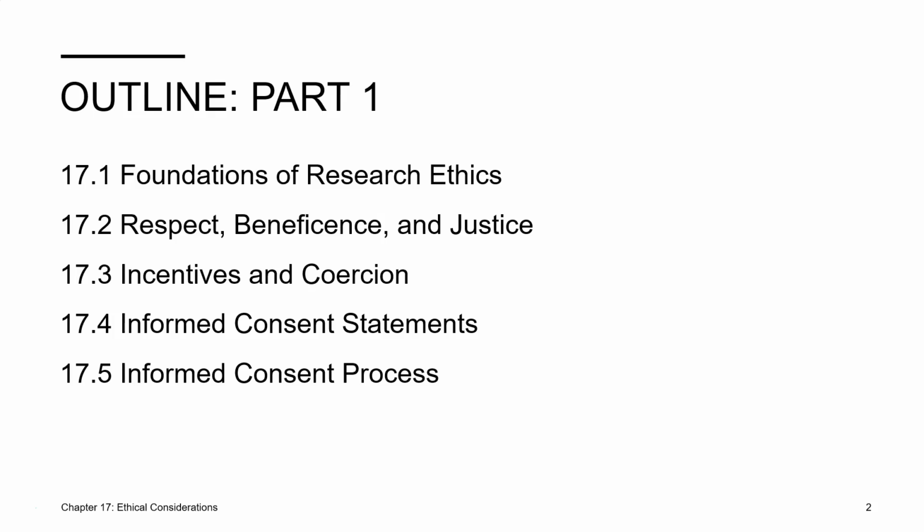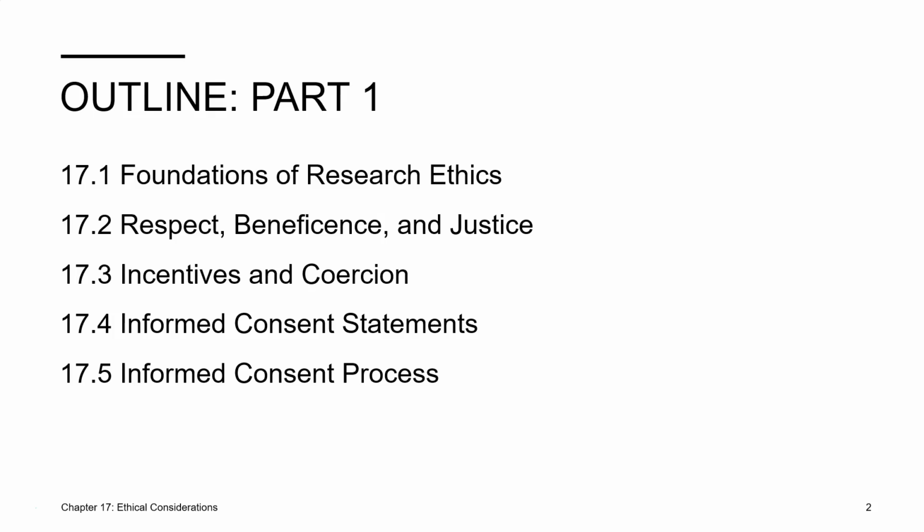Here's an outline of the chapter. Section 17.1 covers Foundations of Research Ethics. Section 17.2 covers Respect, Beneficence, and Justice. Section 17.3 covers Incentives and Coercion. Section 17.4 covers Informed Consent Statements.